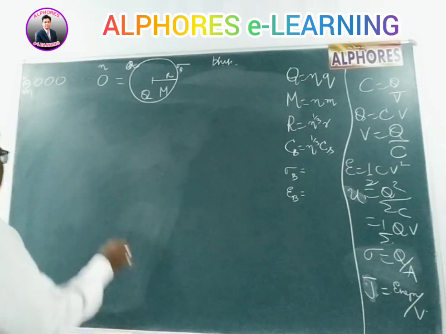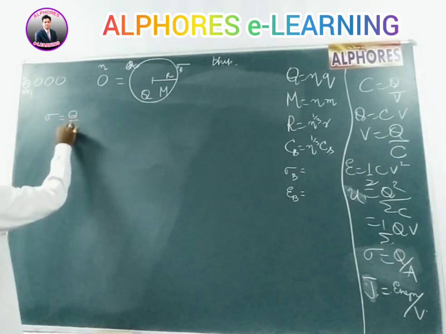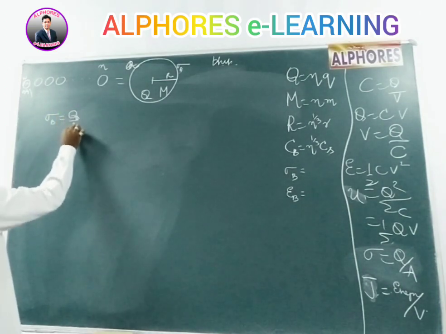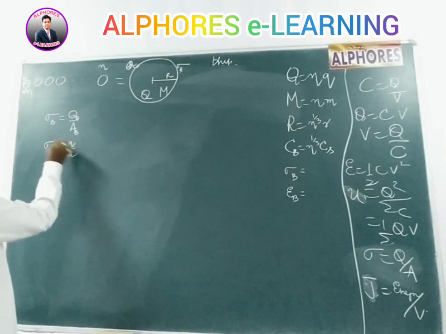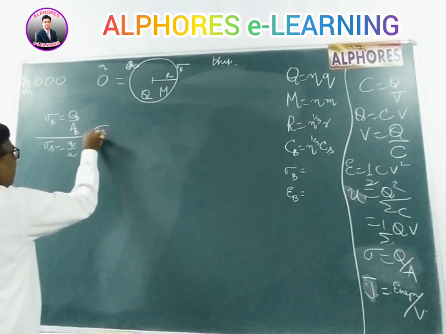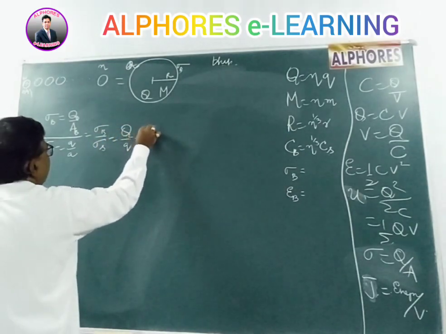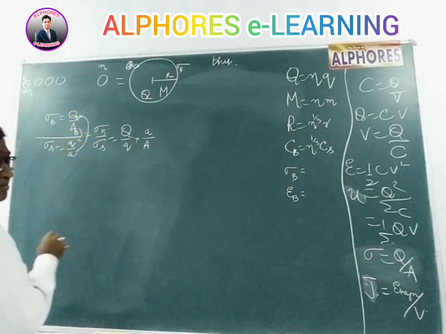How? Look here. Surface charge density is charge per unit area. For the bigger drop, sigma big is Q big by area big. Sigma small is q small by area small. Sigma big by sigma small is capital Q by small q times small area by capital area.